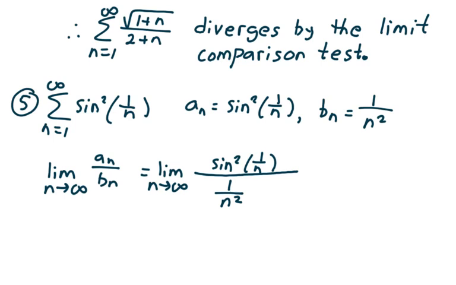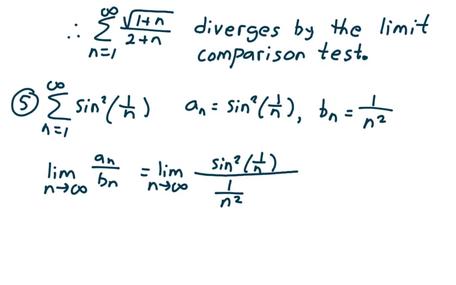Now, number 5 is very interesting. Notice how it's the summation from n equal 1 to infinity of sine squared of 1 over n. In an earlier example, we did the summation from n equal 1 to infinity of sine of 1 over n.